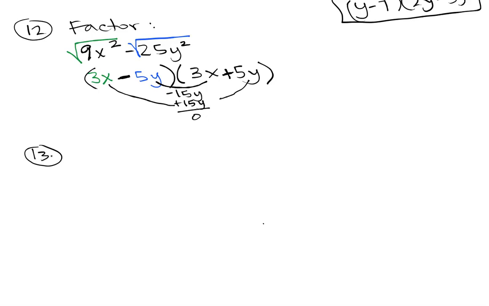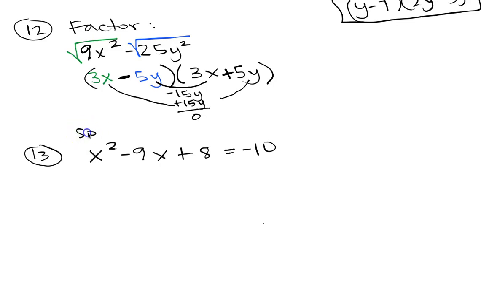All right. Let's take a look here. Okay, so x squared minus 9x plus 8 equals negative 10.